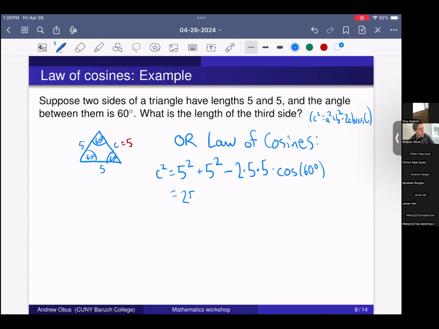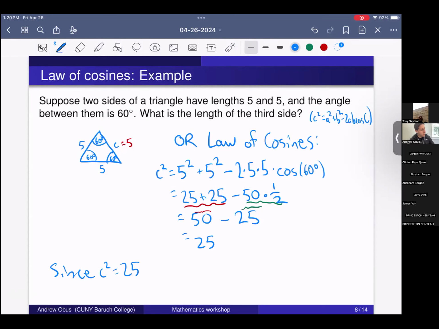That's 25 plus 25, minus 50 times cosine of 60 degrees, which is 1/2. 25 plus 25 gives you 50, and 50 times 1/2 is 25, so 50 minus 25 gives you 25. And so c squared equals 25. So since c squared equals 25, c is equal to 5.